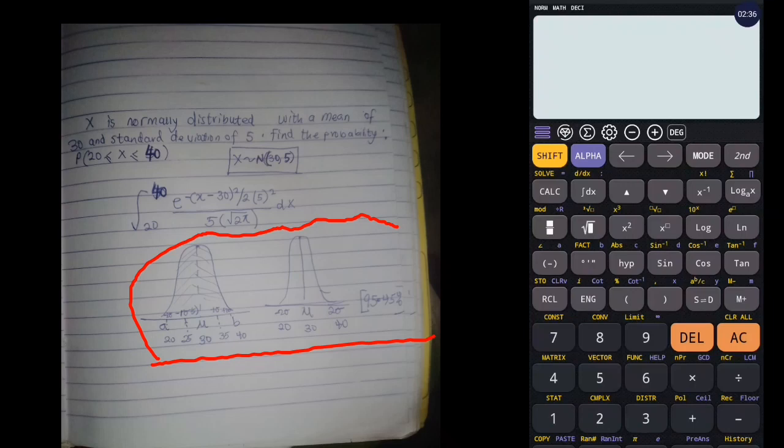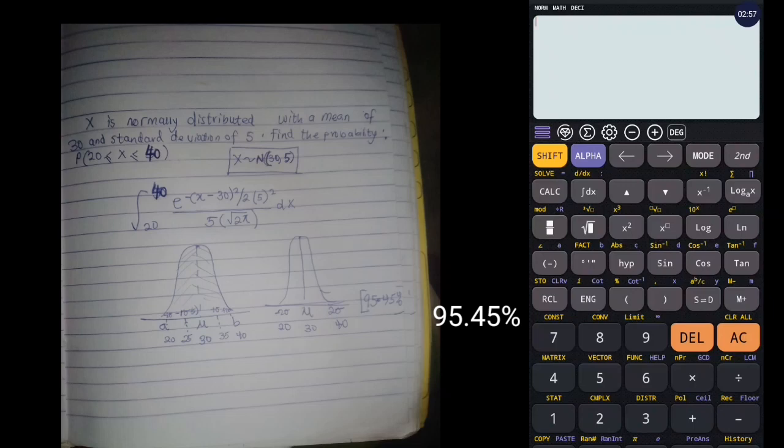So it shows that it's within the range of 2 standard deviations. And if you are familiar with your normal distribution graph, know that the probability of an event occurring within 2 standard deviations is usually 95.45%. So let's confirm that using our calculator.